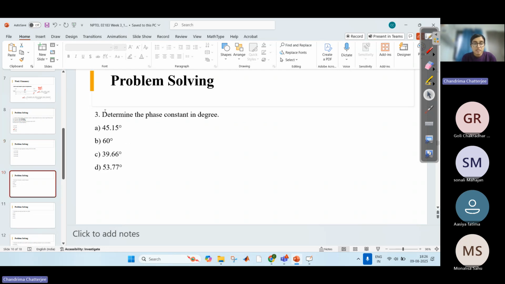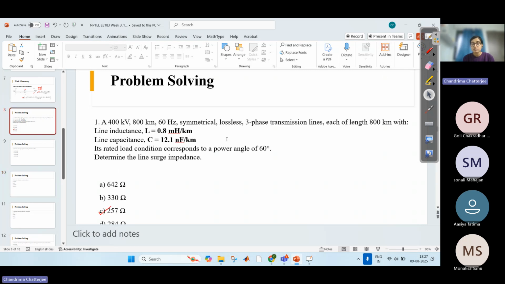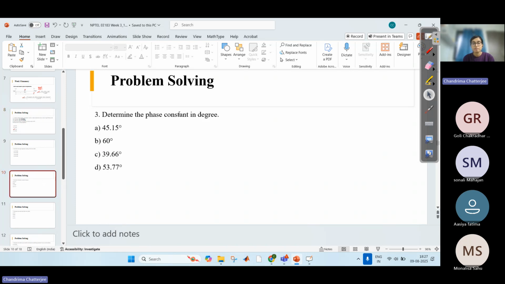So what they are asking: determine the phase constant in degree. This also we did in the last session. Remember, for all these questions we have this data: 400 kV, 800 kilometer length, 60 hertz. This data is common for all the questions we are discussing today.